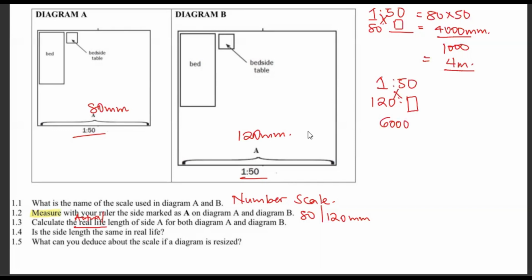These I measured in millimeters, so these are millimeters. We'll divide by 1,000 and it becomes 6 meters. Is the side length the same in real life? I'm answering question number 1.4. It's no.